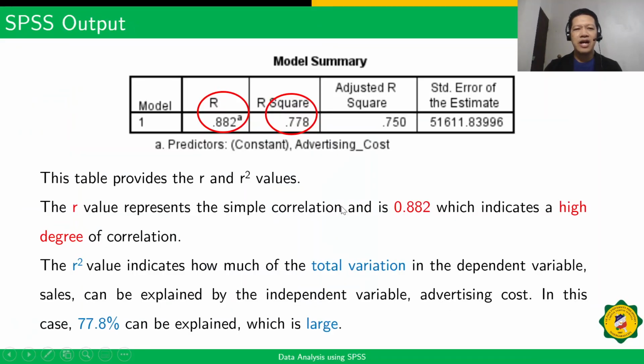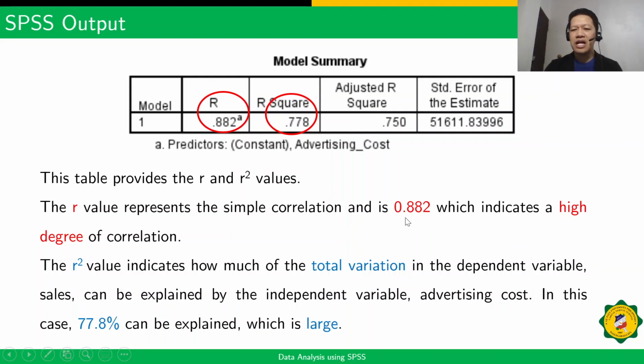So here are our outputs. The first one is a model summary. In this table, it provides the R and the R squared values. The R value represents the simple correlation, and in this case, R is equal to 0.882, which indicates a high degree of correlation.